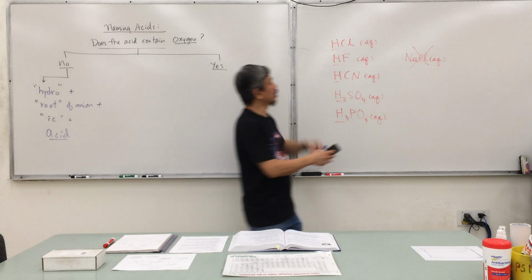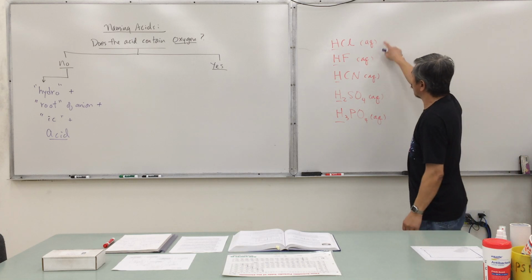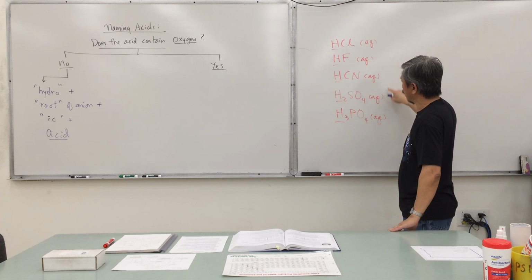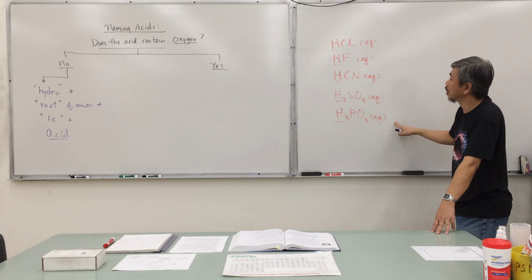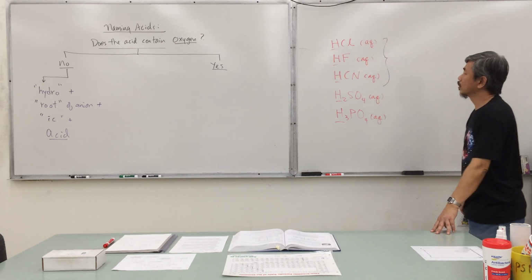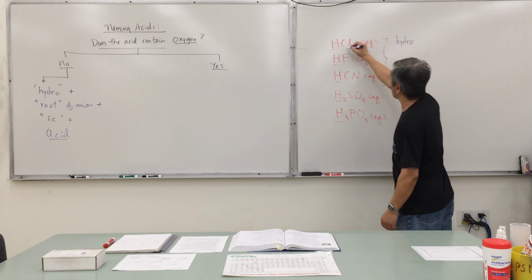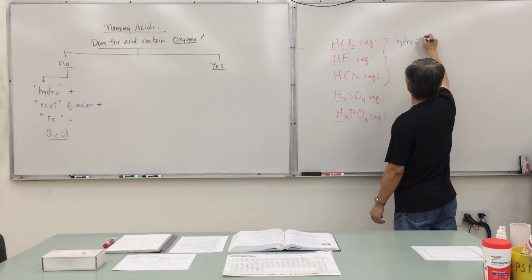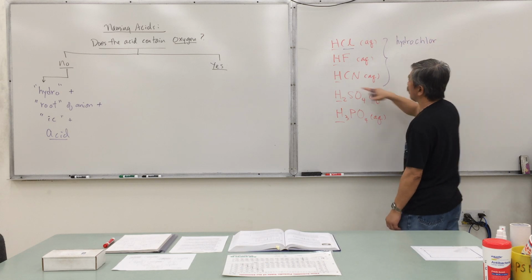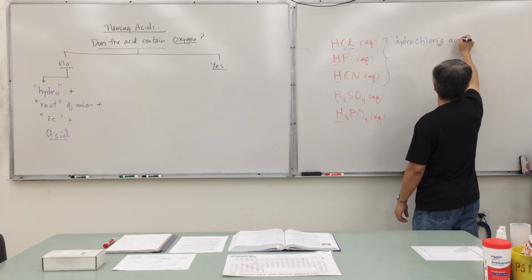What does it look like over here? These 5 acids over here, these first 3 do not contain oxygen, while these 2 do have oxygen. So that means that this can now apply to any of these guys over here. So in this case, this is now going to be hydro, and then for Cl, the root is chlor. Then we have the ic ending, acid.